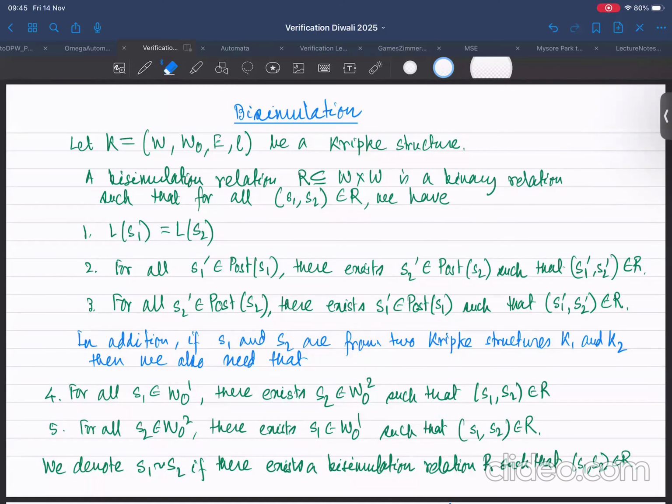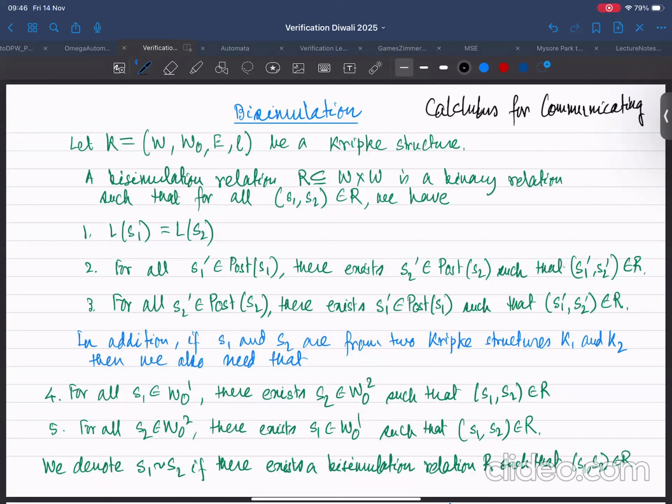He also studied bisimulation in the context of this process algebra called the Calculus for Communicating Systems. You can also look up the Calculus of Communicating Systems by Robin Milner.